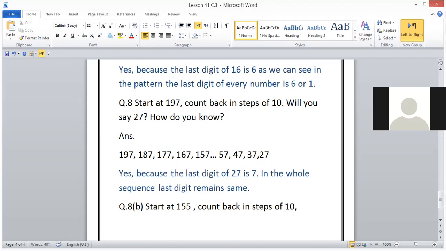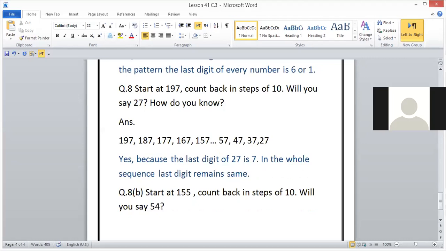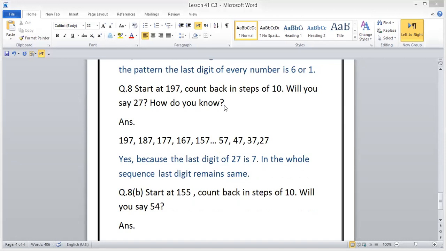Start at 155, count back in steps of 10. And then you have to decide, will you say 54? This is what you have to answer. Yes, guys, I need the answer of this question from you. Will you say 54?